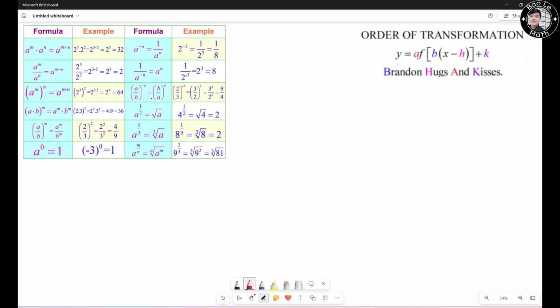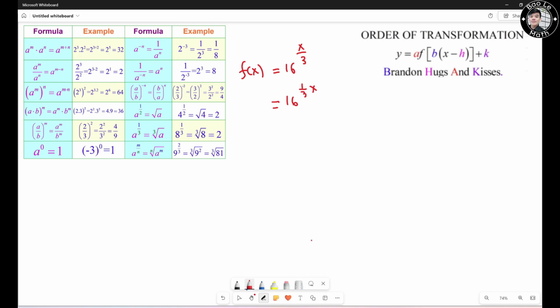Now let's take a look at the next example. So for example, if we have the function f of x equals 16 raised to the x over 3. Alright, so I need to rewrite this one as 16 raised to the 1/3 of x like this.